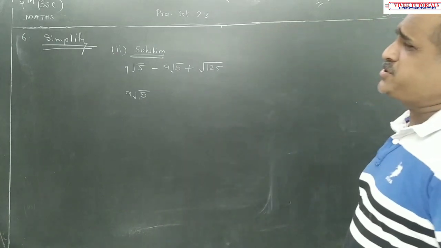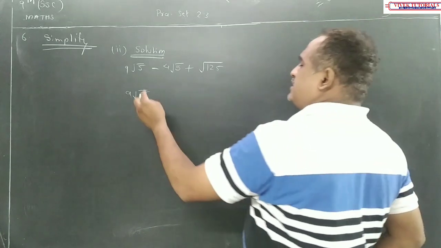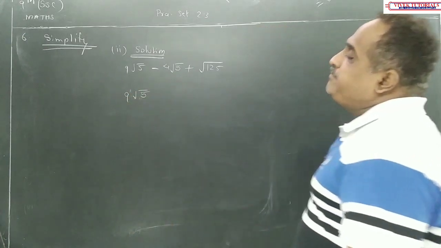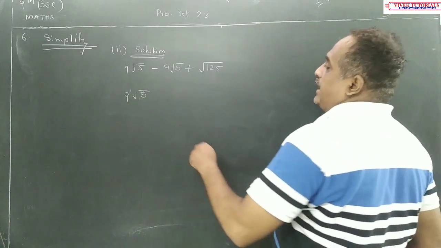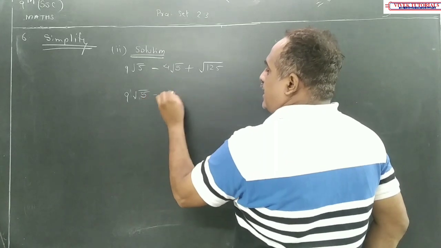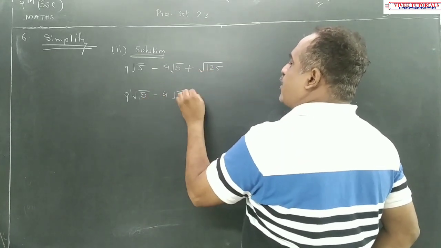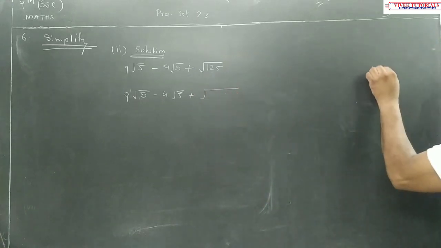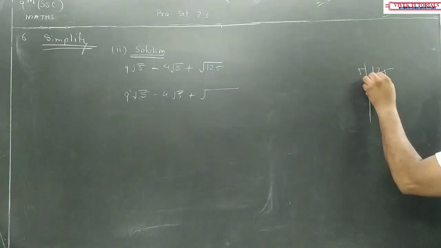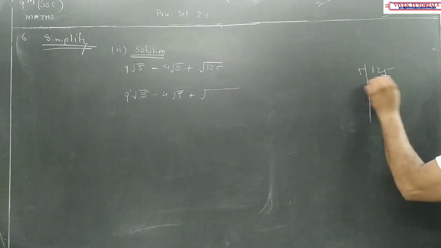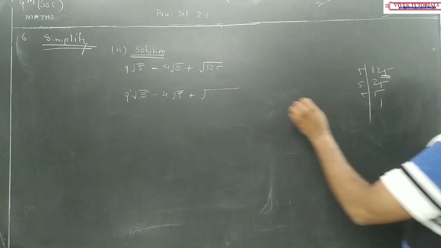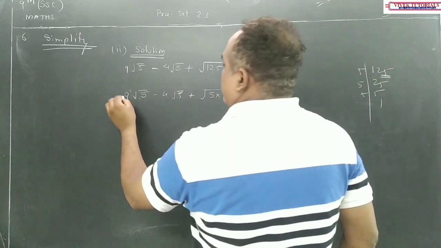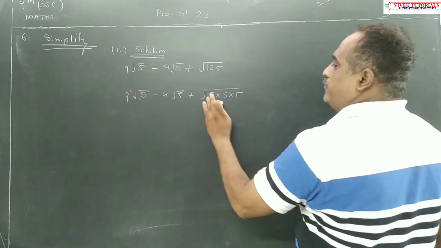To this type of questions, you try to convert to simple form, means first you try to convert to mixed surd and you try to take out like surds. So this is a simple surd. We are going to convert to mixed surd. So we will take out the factors of 125. The last digit is 5, right? 25, 5, 5, 5, 1. So 5 into 5 into 5. So wait.